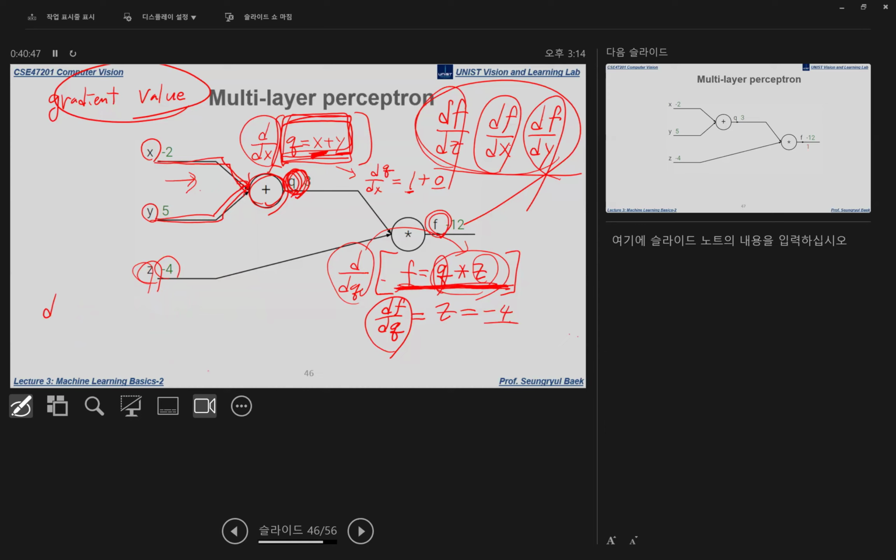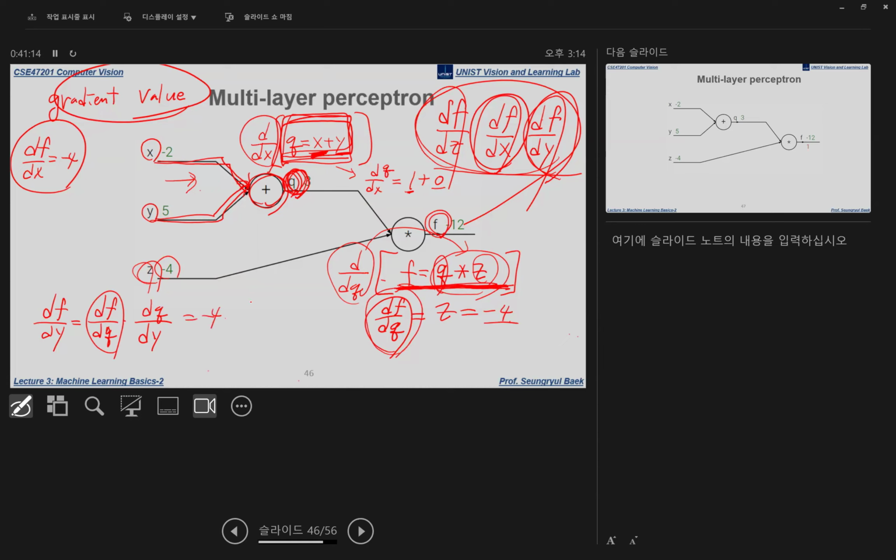So we have calculated that df/dx is minus 4. And then we have to calculate df/dy. It can also be divided into these two terms. This is df/dq, which we can reuse from here.